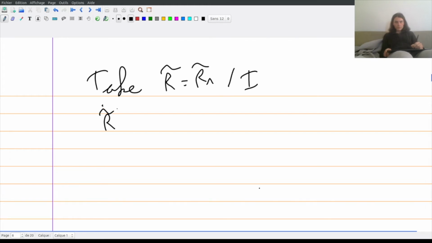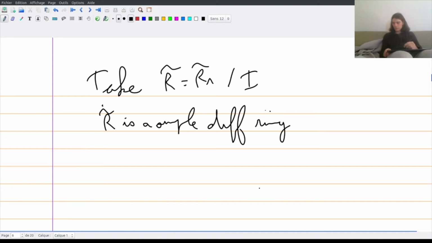So R tilde is a simple difference ring. And is therefore a Picard-Vessiot extension.